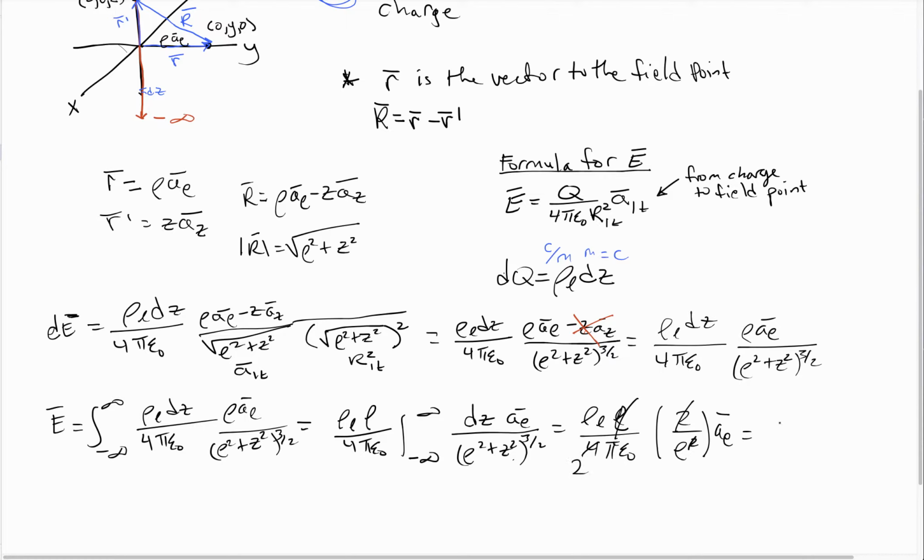So that leaves you with rho L over 2 pi epsilon 0 rho a rho. So that is the field intensity around an infinite line charge.